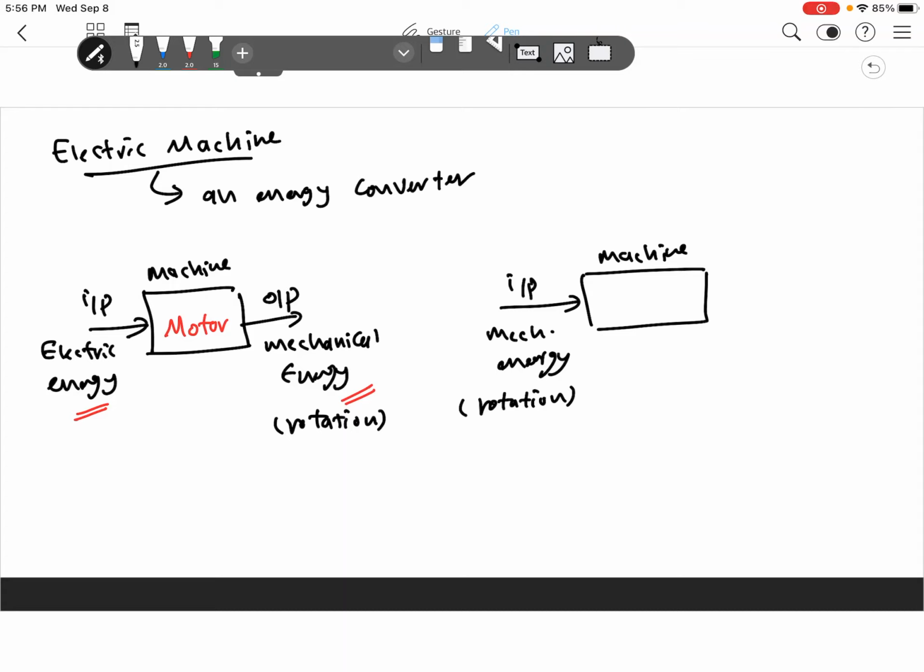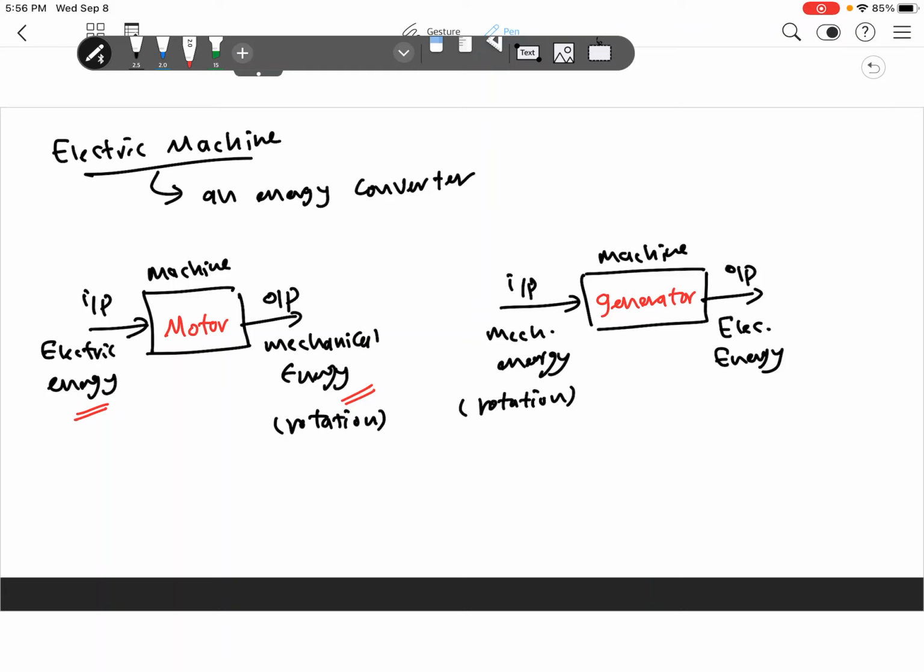We're talking about the very well known type of machines that you see at all your work sites, every place, and even at your homes. We're talking about rotating machines here. So if you input mechanical energy, you rotate the machine, and your output will be electrical energy, and this type of machine we call a generator.